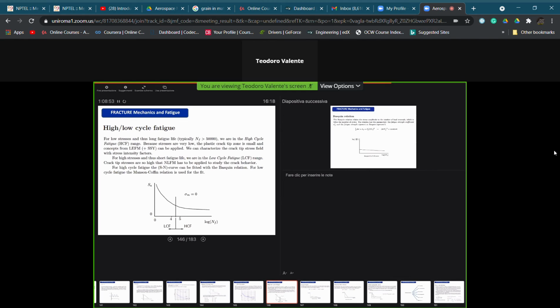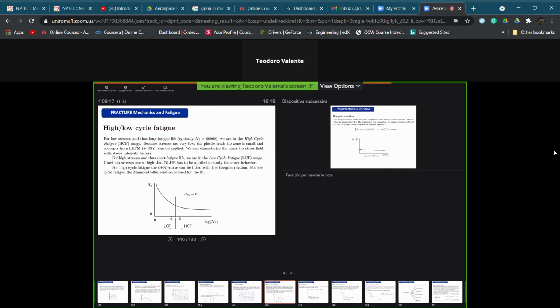Another thing that we need to remember a little bit better is the difference between high and low cycle fatigue. When we have low applied stresses, we can expect a longer number of cycles before fracture, that is, a higher value of fatigue life.